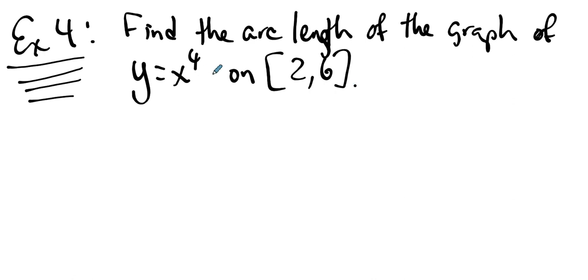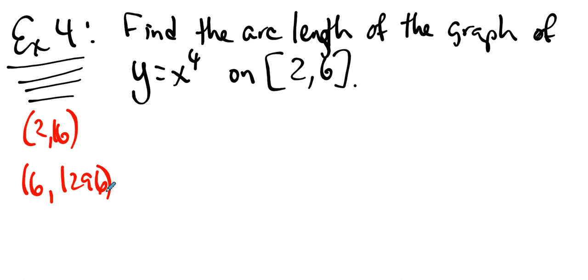So just to give you an idea, 2 to the 4th is like 16, and 6 to the 4th is like whatever 36 squared is, right? 1296. So that's a difference of 1280. You're looking for something that's about 1280. That's how we'll know that we're right.